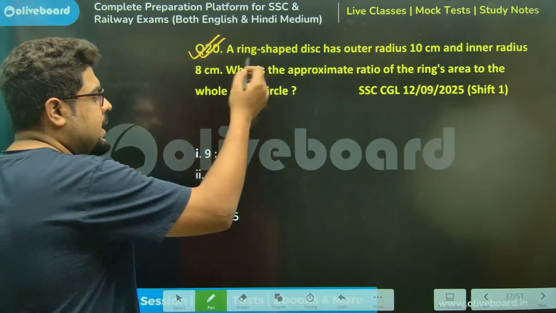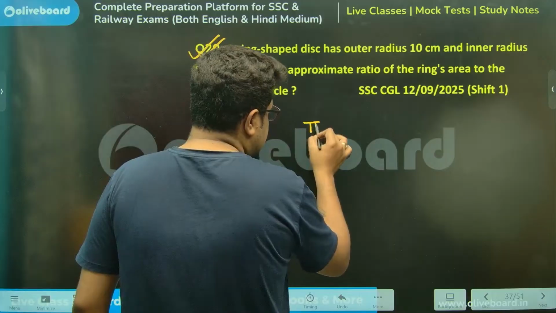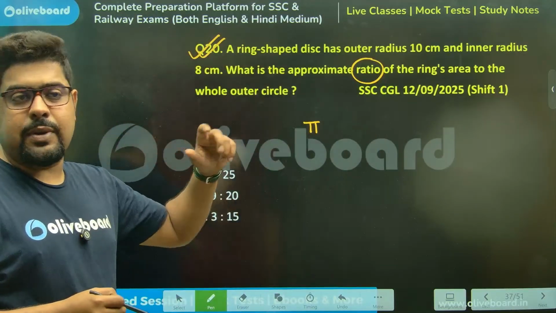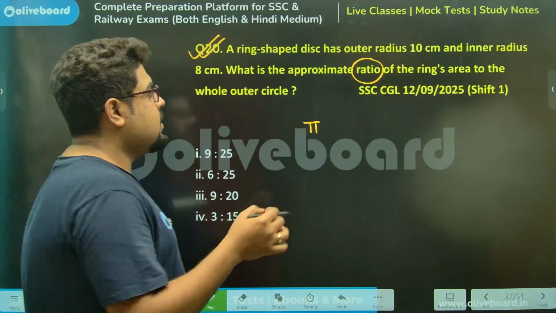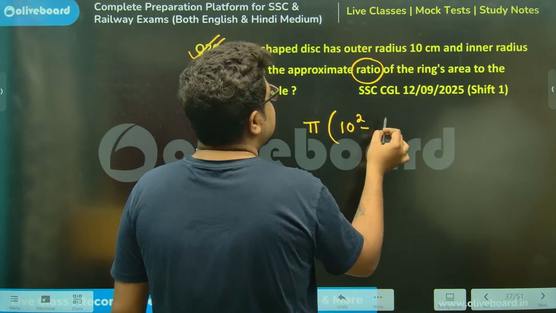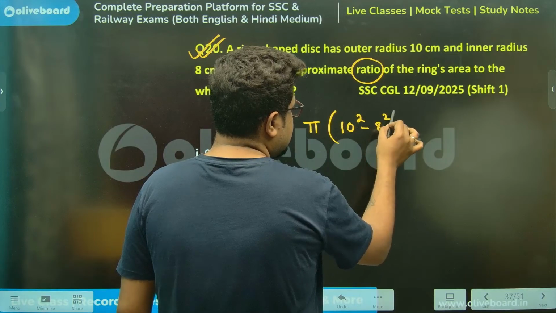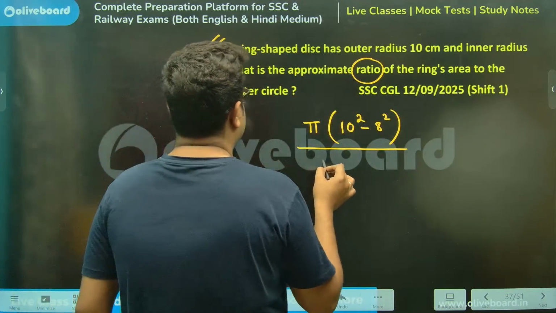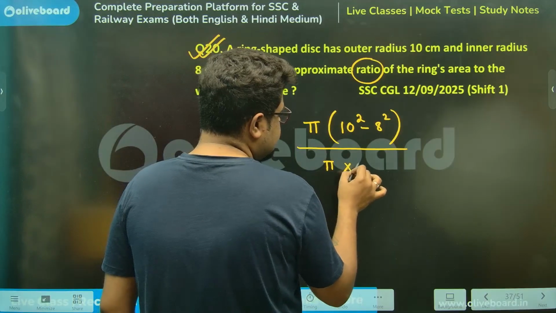Sir, ring's area will be pi. Because they are asking the ratio, don't put the value of pi, because pi will cancel. So it will be pi into ring's area, 10 square minus 8 square, divided by, sir, outer circle. So that means pi into 10 square.